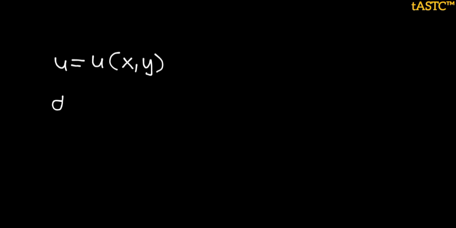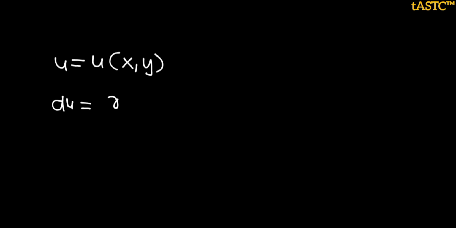Now if you wanted to write that, that is going to be du. This will be representative of the total derivative or the natural derivative. Now in order to find that, we need to take the partial derivative of the function u with respect to x, and then add it to the partial derivative of u with respect to y.